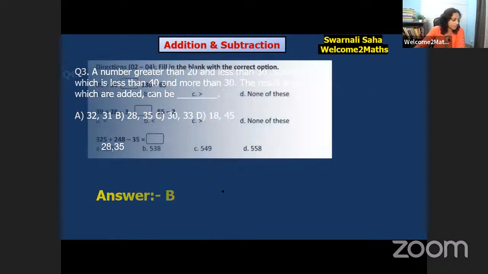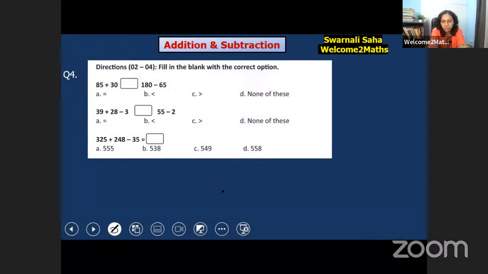So now let's solve the next question. This is question number 4. There are 3 questions here. Try to solve this. 85 plus 30, you have to see and choose the option, A, B, C, D. There is a box, and you have to see whether it is greater than, equal to, or less than.